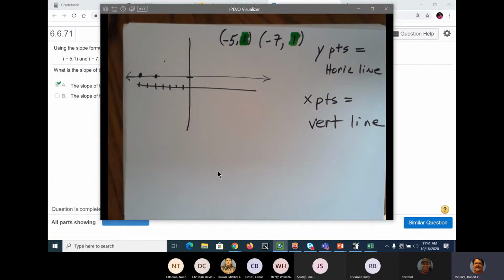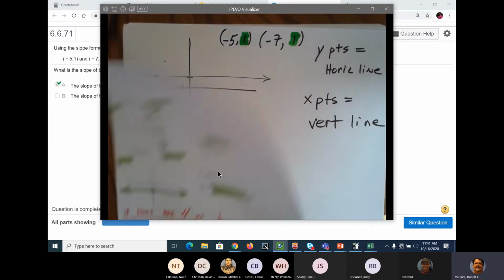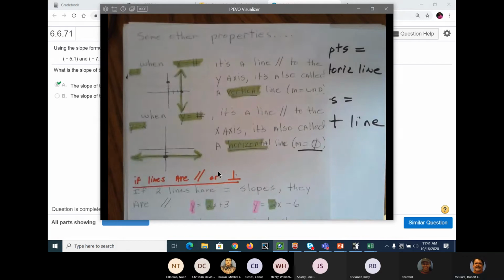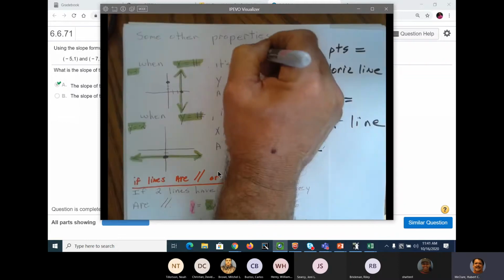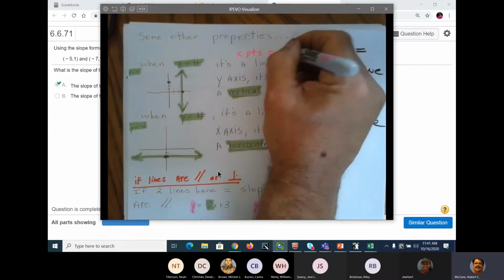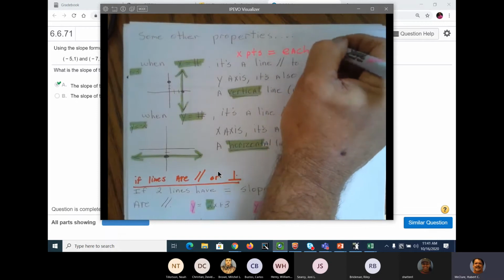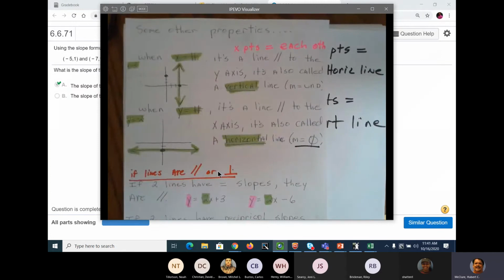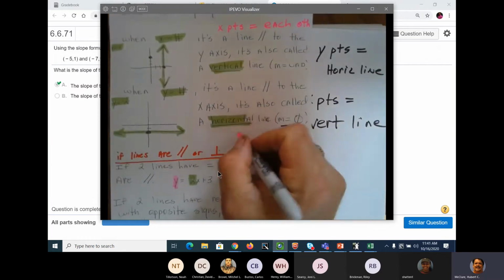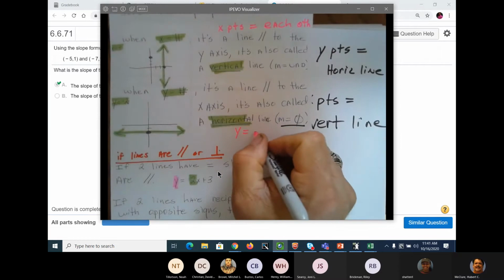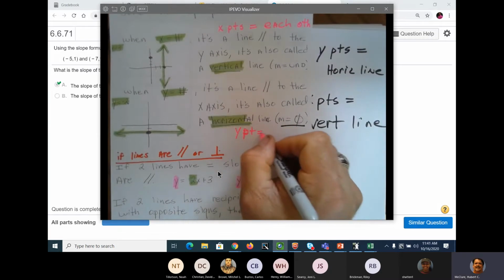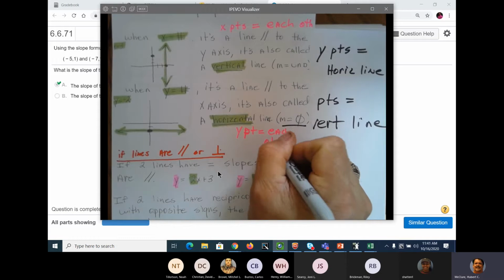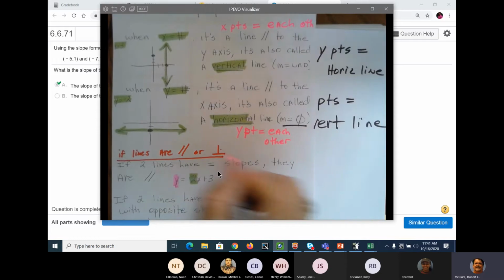And you could add that to this page right here. I'll take a pink pen. X points are equal to each other. If the X points are equal to each other, you've got a vertical line. If the Y points are equal to each other, you've got a horizontal line.